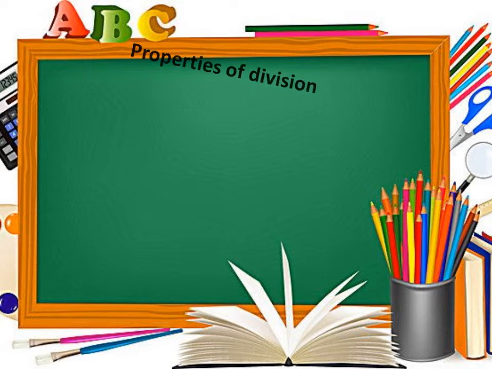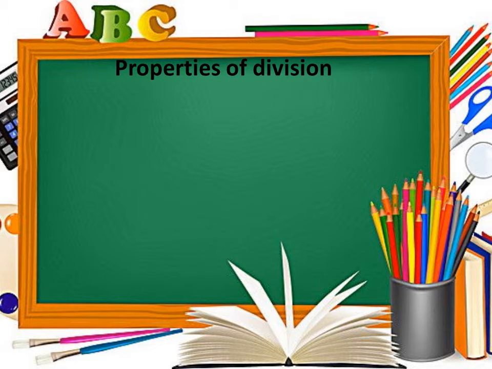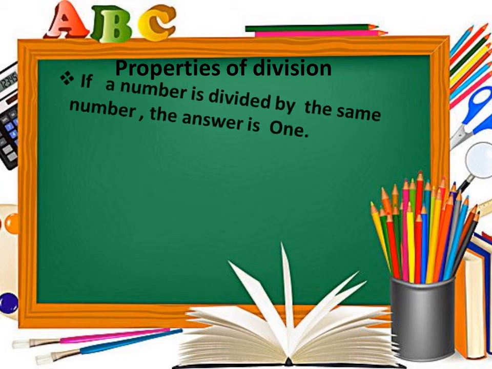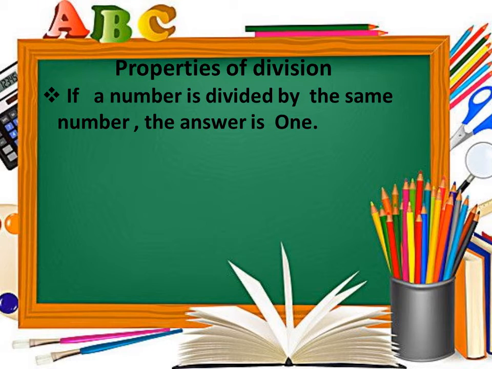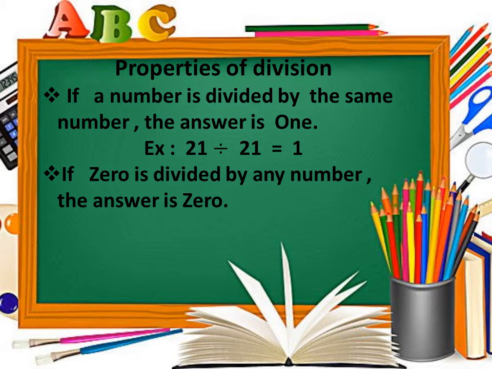From the above examples, we can conclude some points. Observe clearly. If a number is divided by the same number, the answer is 1, like 21 divided by 21 equals 1. Next one. If 0 is divided by any number, the answer is 0.